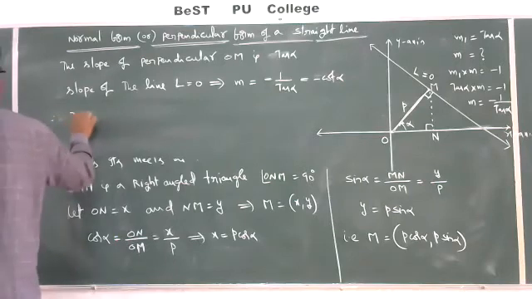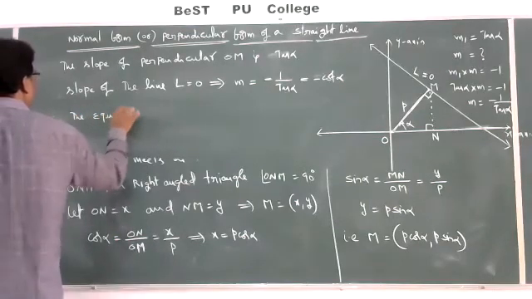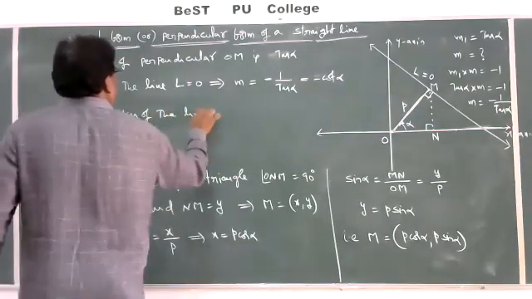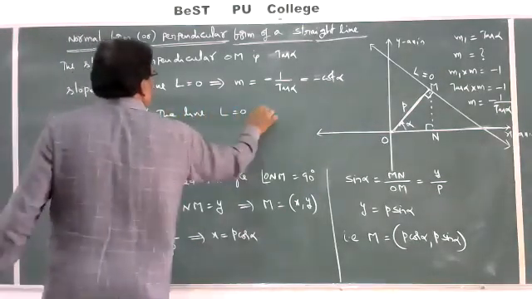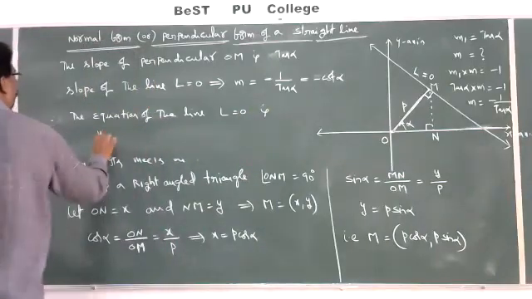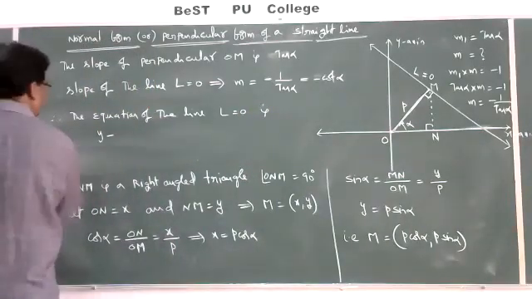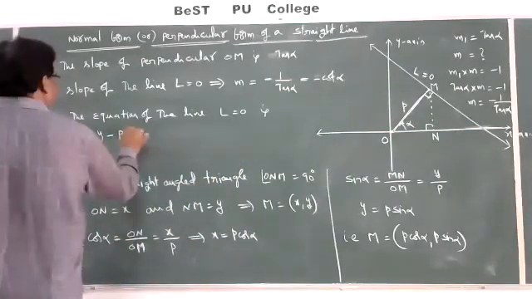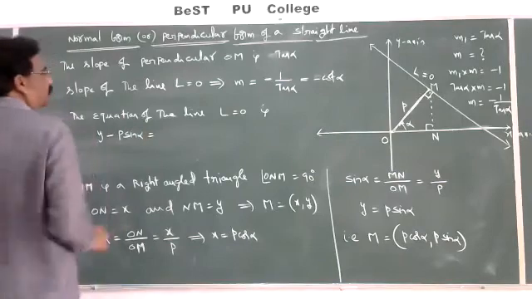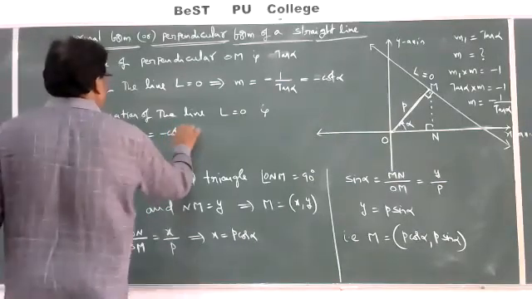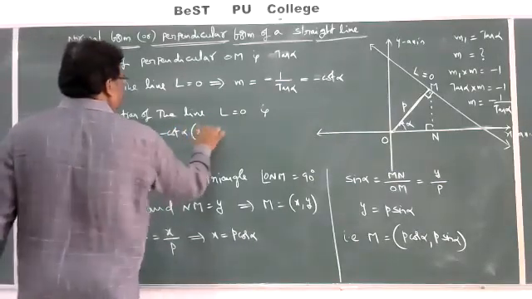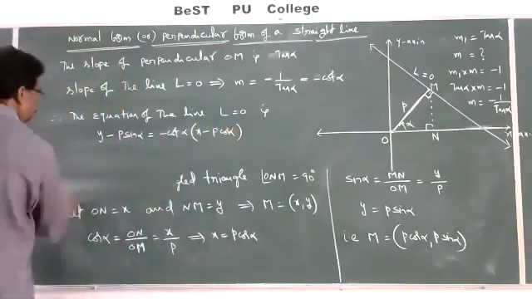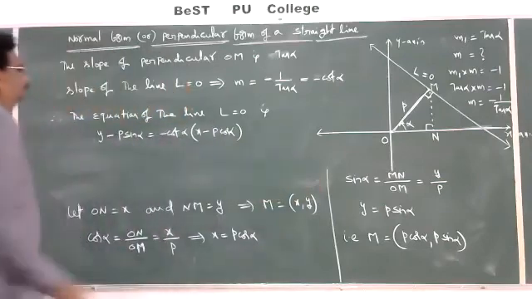Therefore, the equation of the line L equal to 0 is y minus y1. What is y1? At the point M, y1 is p sin alpha, is equal to m, that is minus cot alpha, into x minus x1, that is x minus p cos alpha.